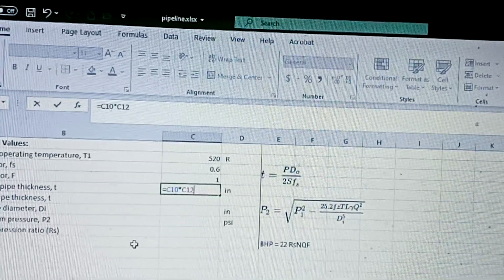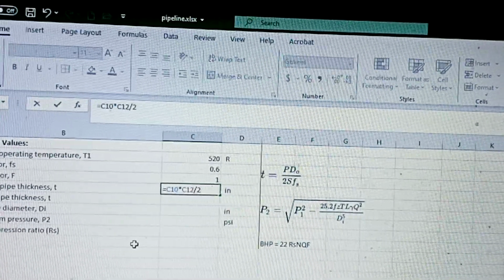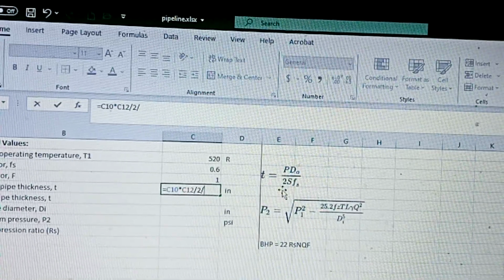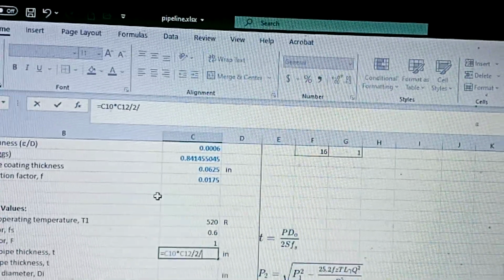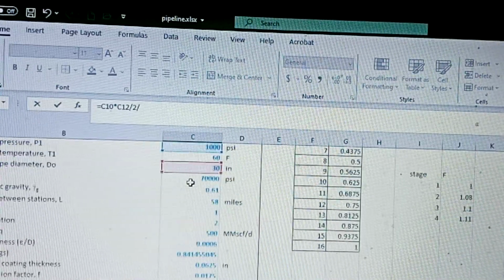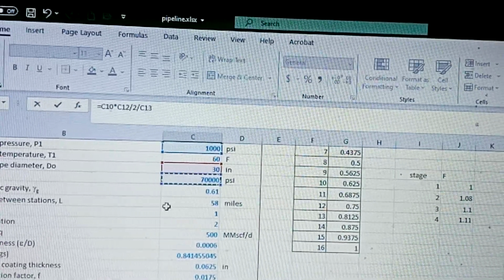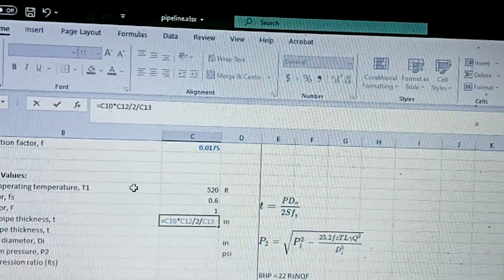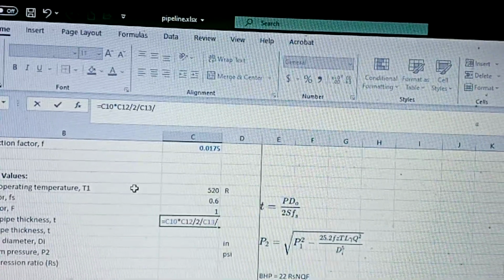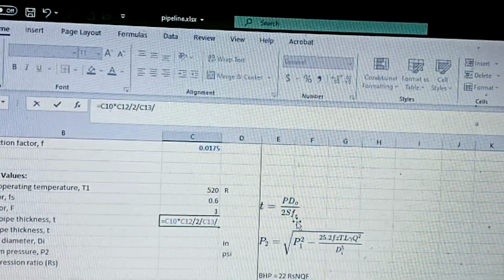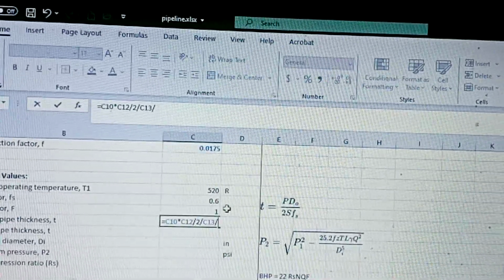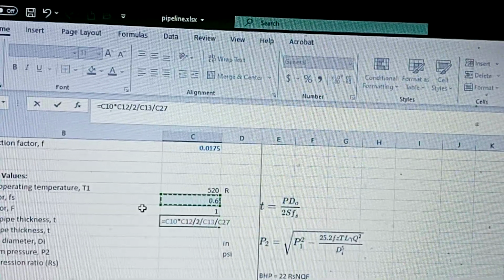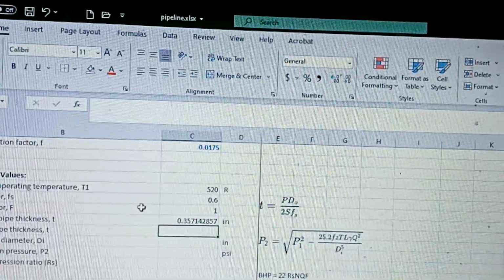Divided by 2, slash, that's the minimum yield strength, which is 70,000. Then slash what? FS. That's where I said, that's this, C27. So that's the pipe thickness.